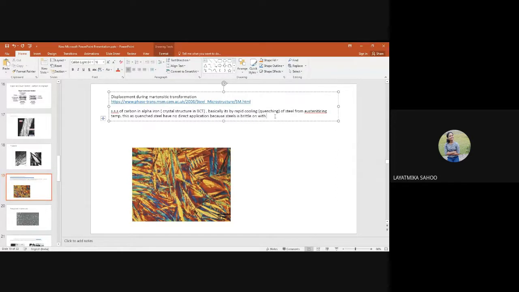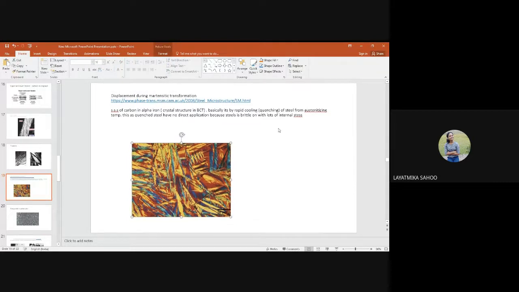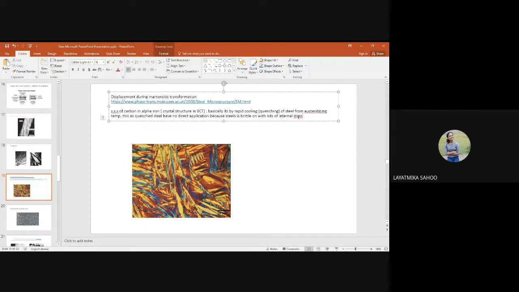No direct application. So after quenching the steel, if you are getting martensite, you cannot use that steel directly.